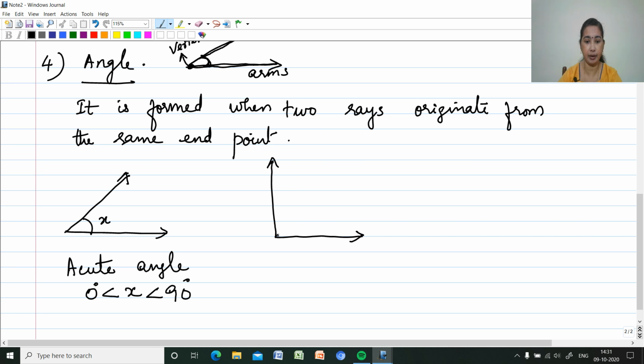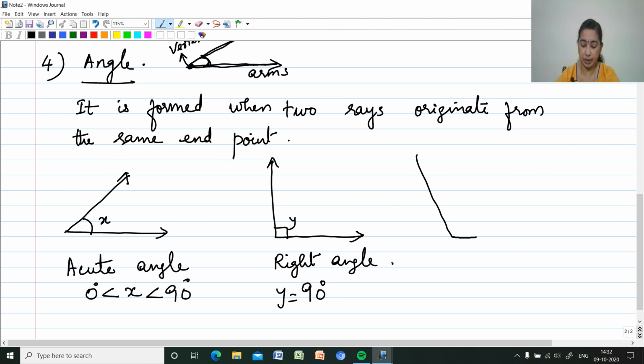Now the second one you have to study is a right angle. What do you mean by a right angle? If this angle is a 90-degree angle, if it is y and y is equal to 90 degrees, we call it a right angle. Then the next one is an obtuse angle.